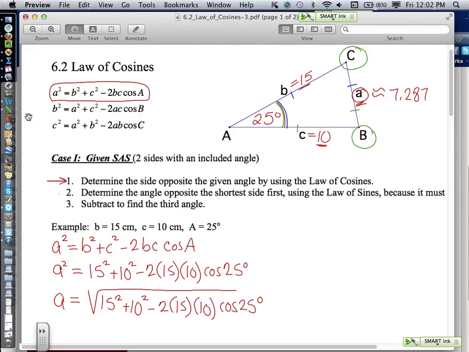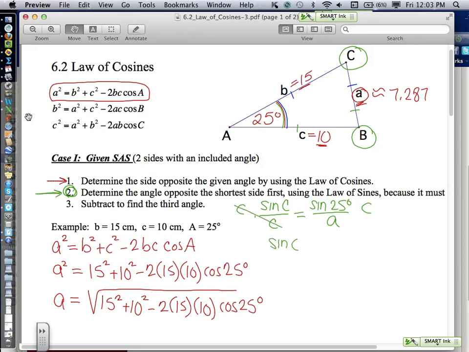So this is kind of key right here. This step right here is sort of key to solving the cosines problems. So we're going to solve for the angle opposite the shortest side. So we're going to solve for angle C. So I'm going to write sine C over C equals sine 25 degrees over side A. And we can fill in some numbers and I'll multiply both sides by C. C's drop out.